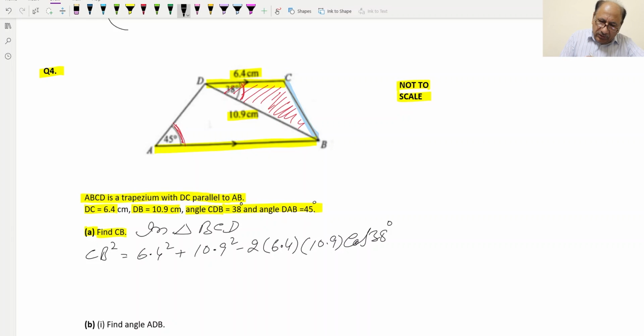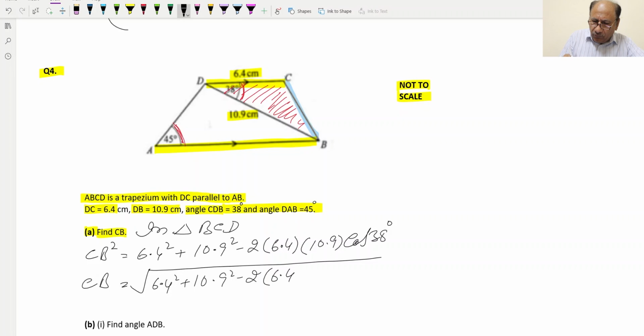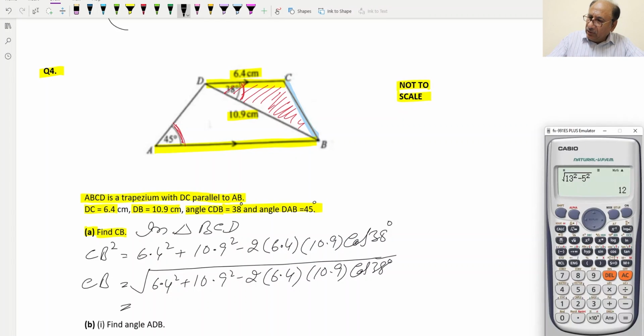Now we can take the square root. CB is equal to the square root of 6.4 squared plus 10.9 squared minus 2 into 6.4 into 10.9 cos of 38 degrees, and this will be by calculator.